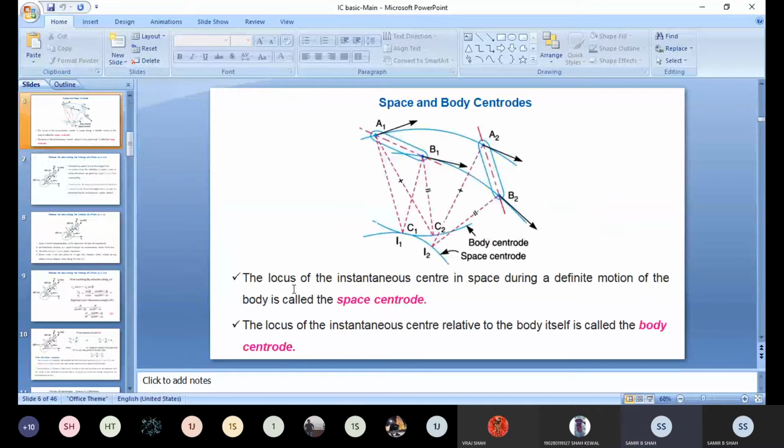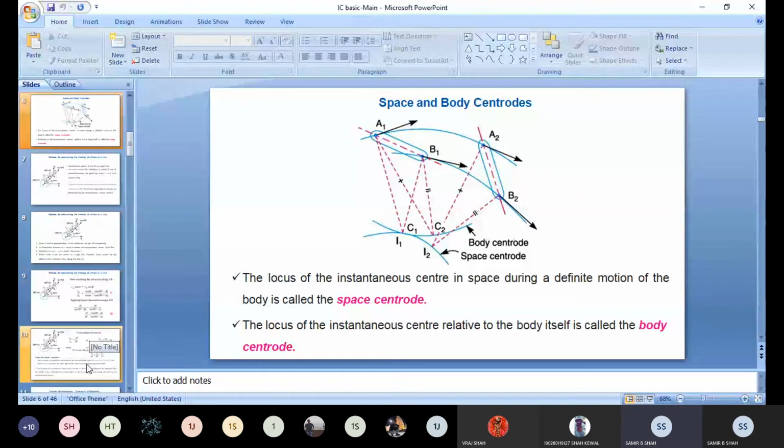Now space and body centrodes. This is important theory, space and body centrodes. As we know very well, a rigid body means a body which has no deflection. If there is no deflection, then it is considered a rigid body. Mostly we assume that kind of body when we learn any theory.